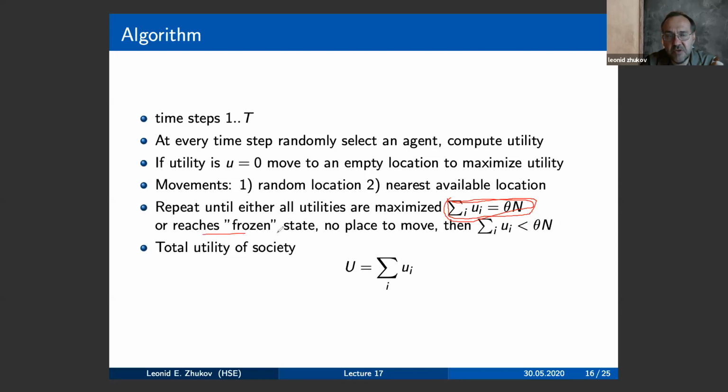Or it can be what's called a frozen state, where the sum of the utilities is less than possible, but the system cannot increase them just because there are no empty spaces, right? And then you can instantly talk about all kinds of econometrics and economics stories about the utility of the society, if you think about utilities of each individual person.